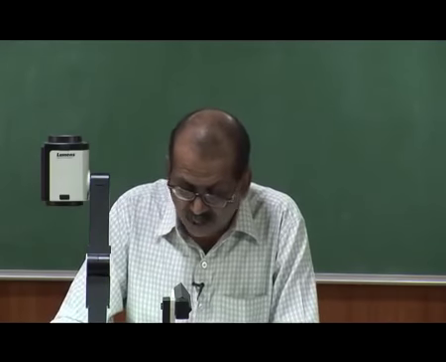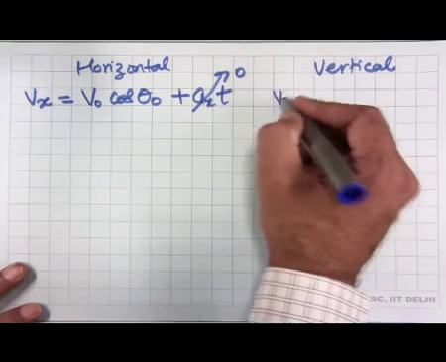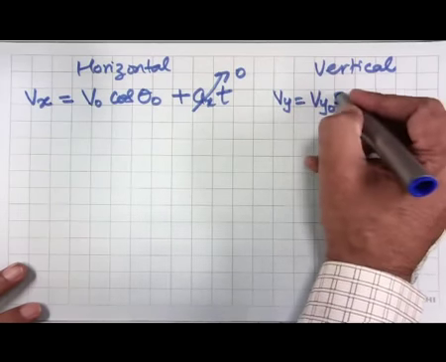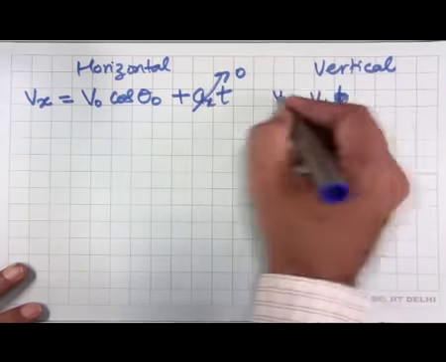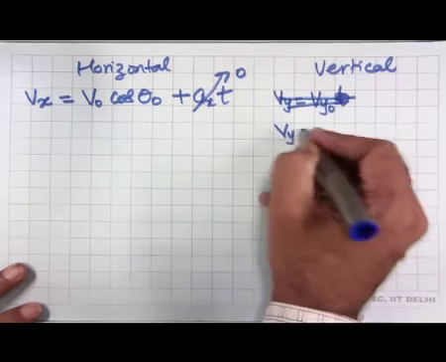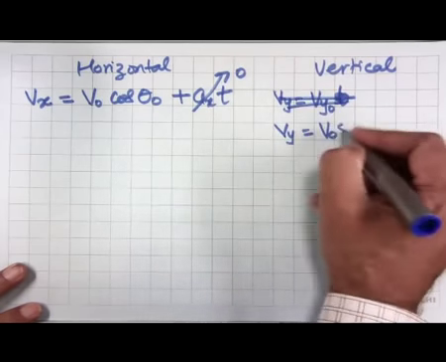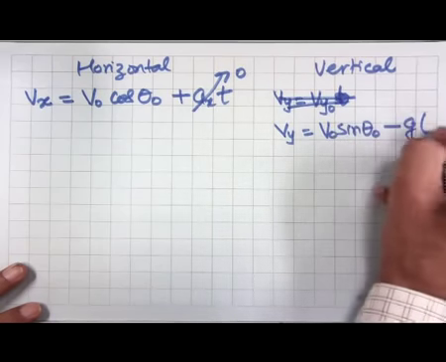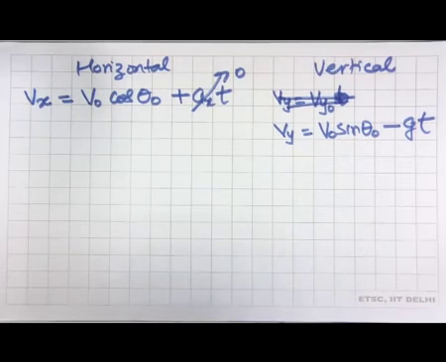The vertical component of velocity, Vy, is equal to V0 sin theta 0 minus g times t, because g is the acceleration in the y direction.